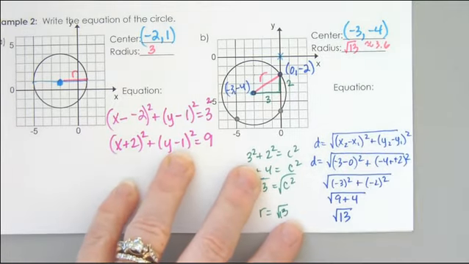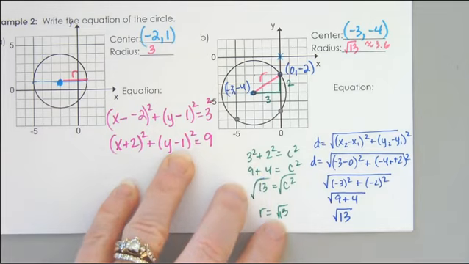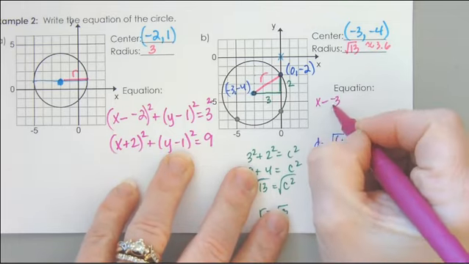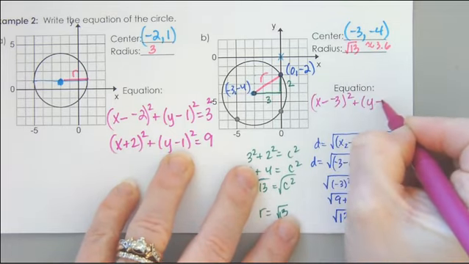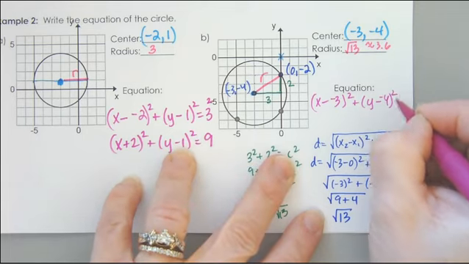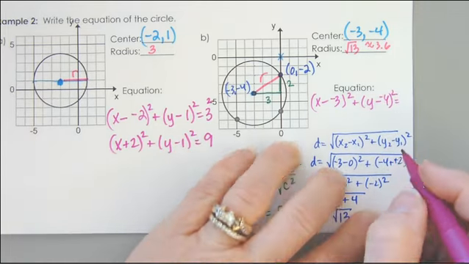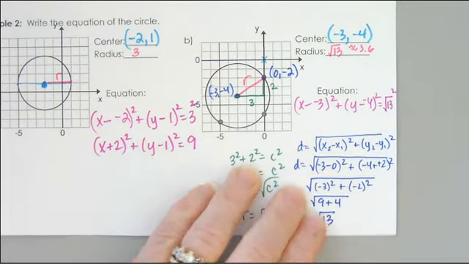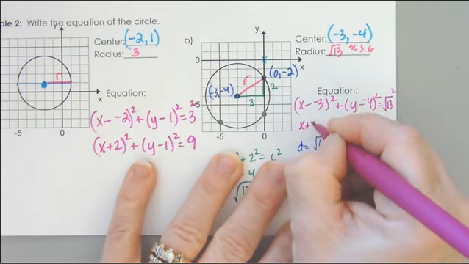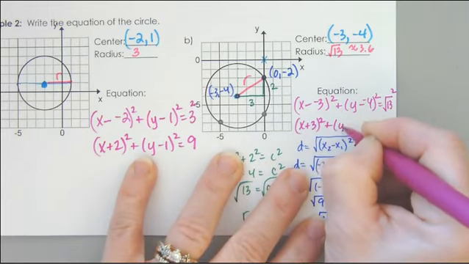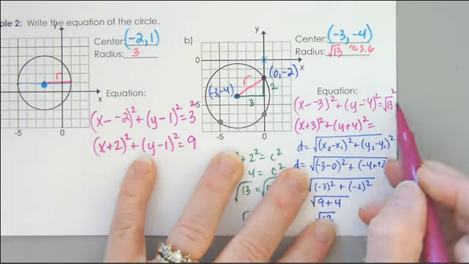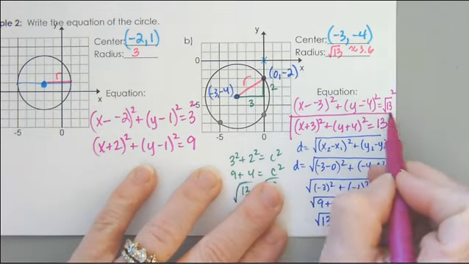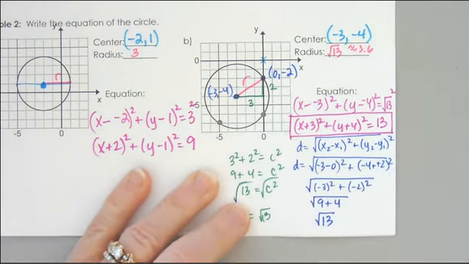To write our equation, though, you need to write x minus h squared plus y minus k squared equals, and I'm running out of room here, whoops, class is not over, radical 13 squared. So this is going to become x plus 3 all of it squared plus y plus 4 all of it squared is equal to 13. So there's a lot going on here, but that is the equation of that circle.